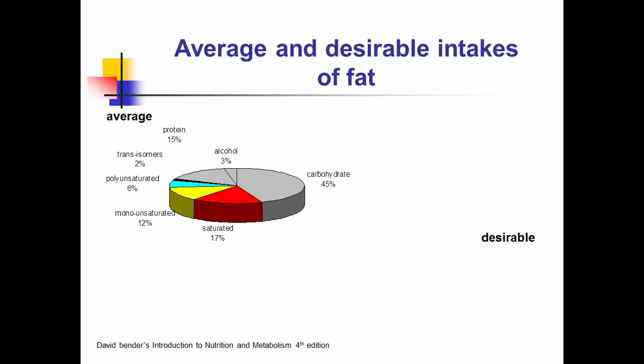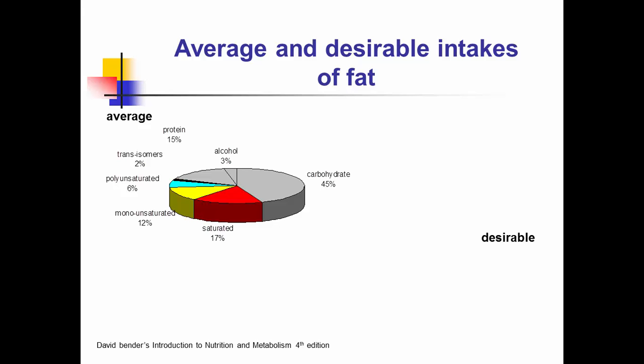And for fat, in a little bit more detail, the fat and saturated. We have 17% saturated fat in the diet, and 12% monounsaturated, and 6% polyunsaturated, and 2% trans fat.